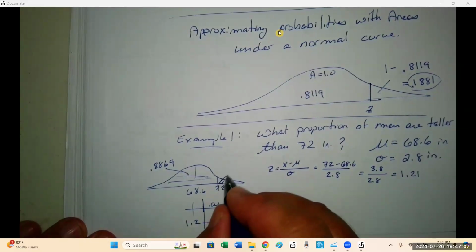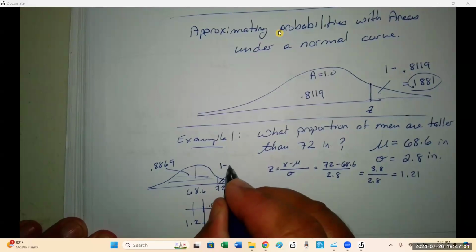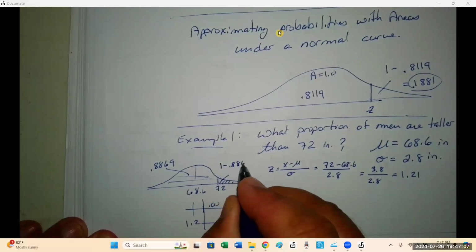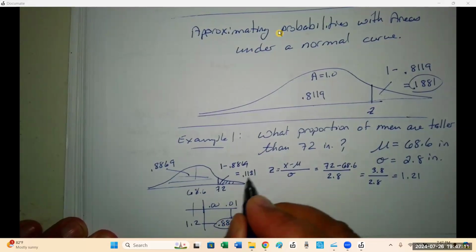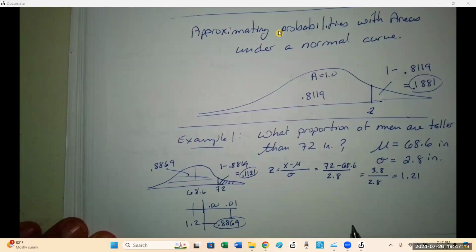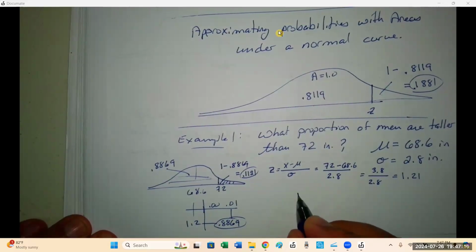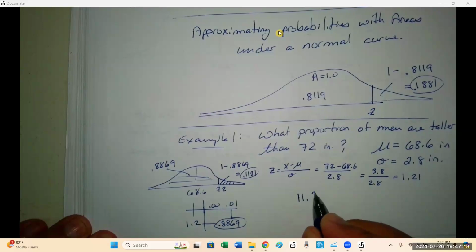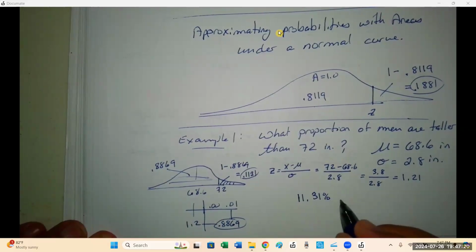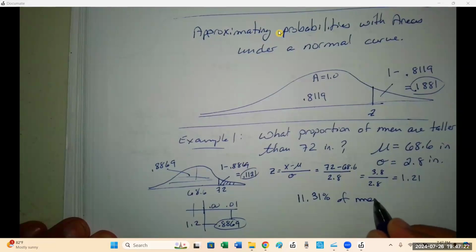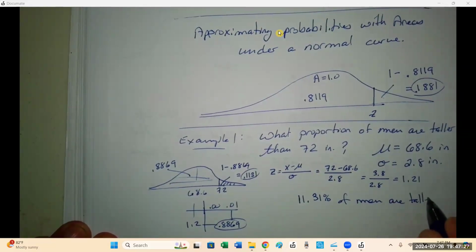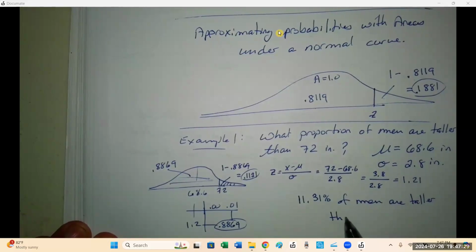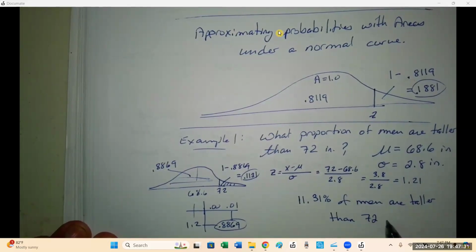What we have to do to find this is 1 minus 0.8869, and we get 0.1131. So it tells us that 11.31% of men are taller than 72 inches. That's what it tells us.